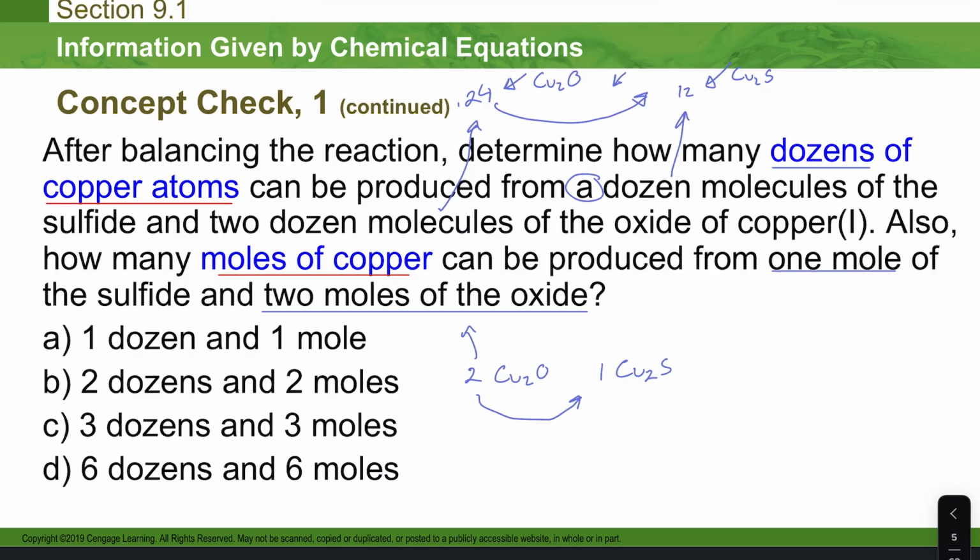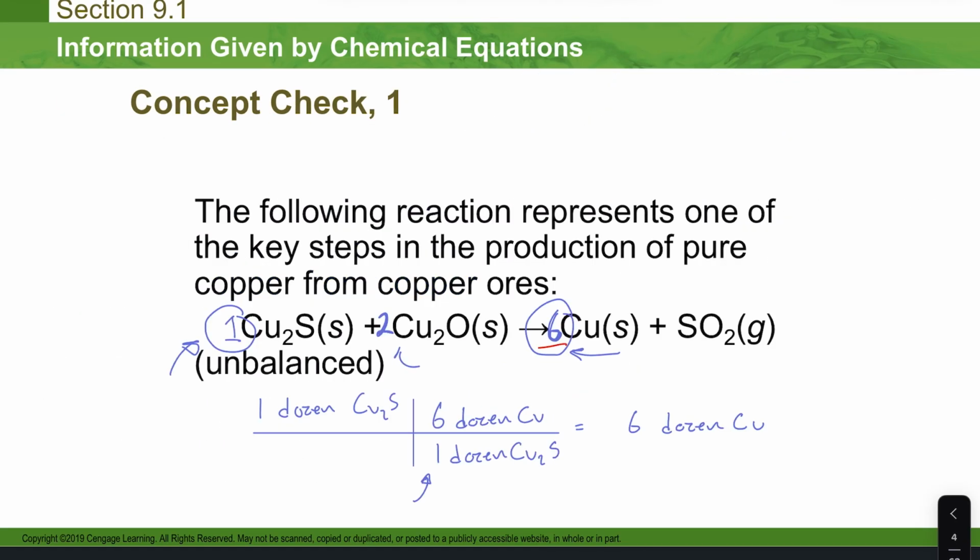And the other thing is that for 2 dozen oxides of copper 1, so that would be 2 dozen Cu2O, we would also get out 6 dozen Cu. Cu, my bad.